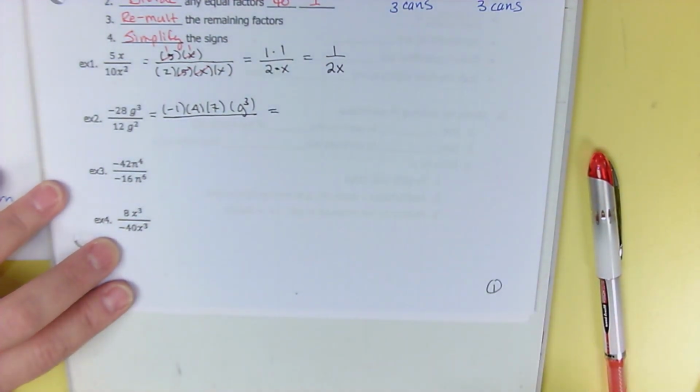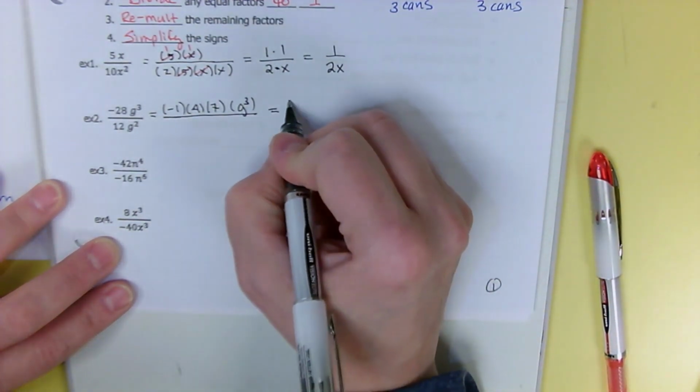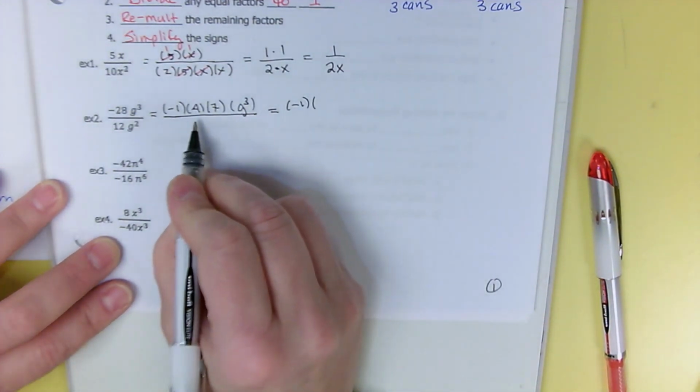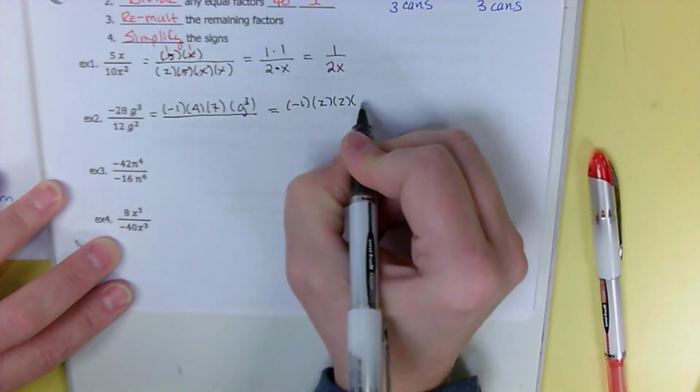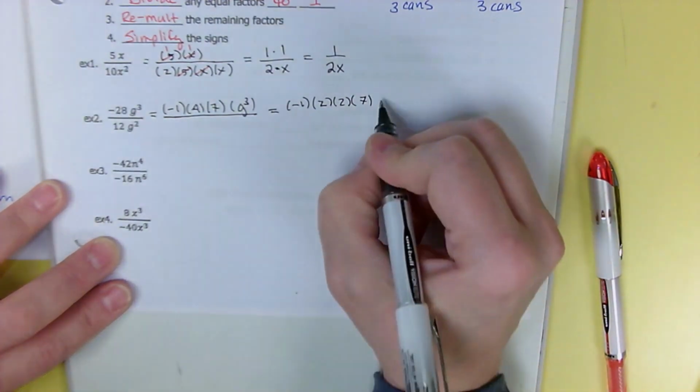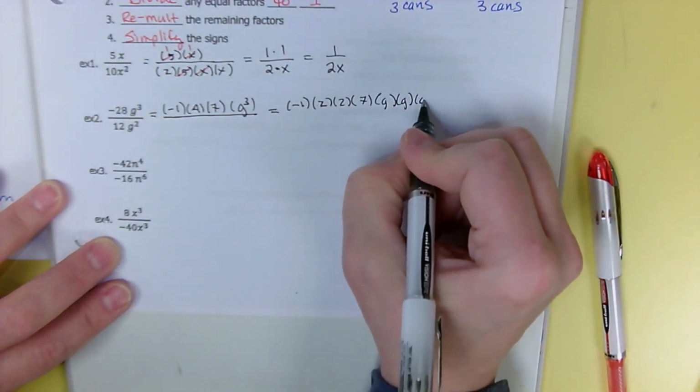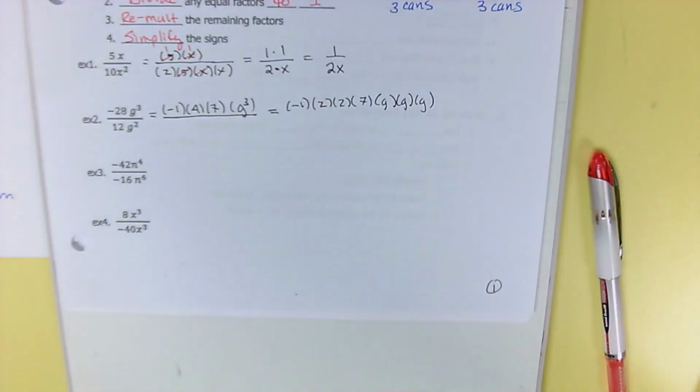And then on a second step, you're going to finish it. So -1 is prime. 4 is 2 times 2. Then I have a 7. And then I have 3 g's. So you can actually break numbers down as long as you can think of any 2 numbers that multiply to give you that number. You can then go one more step to primes.